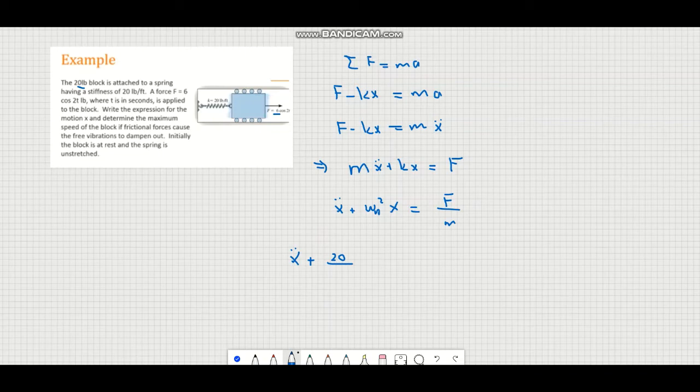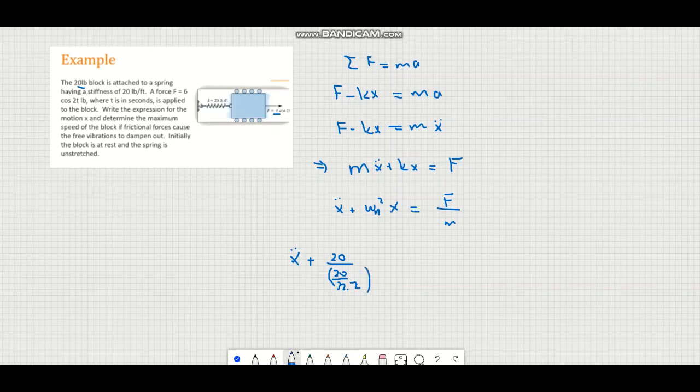Sorry, 20 pounds per foot is the stiffness, and then 20 pound is the weight of the block. We need to convert it to mass, because our unit is mass. So we are going to say 20 over 32.2, which is the gravitational acceleration in British units.